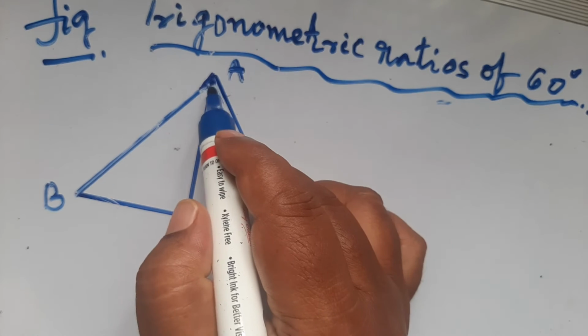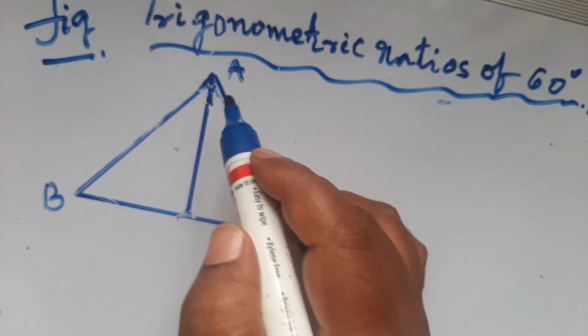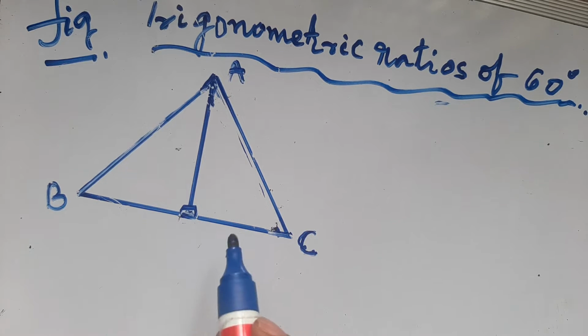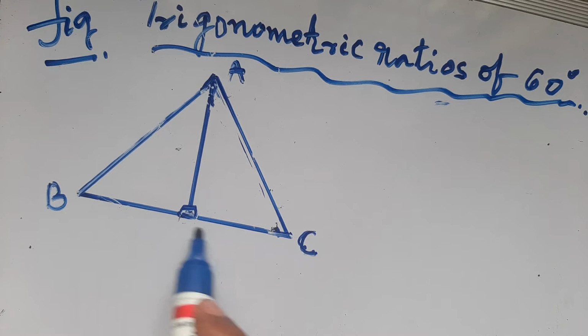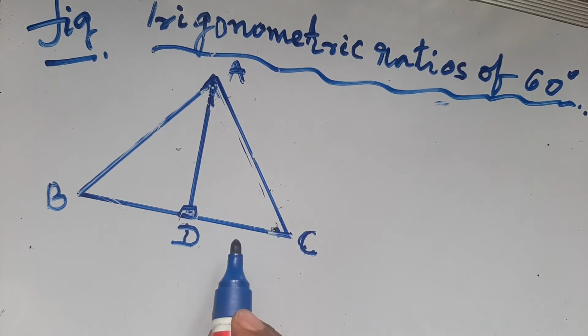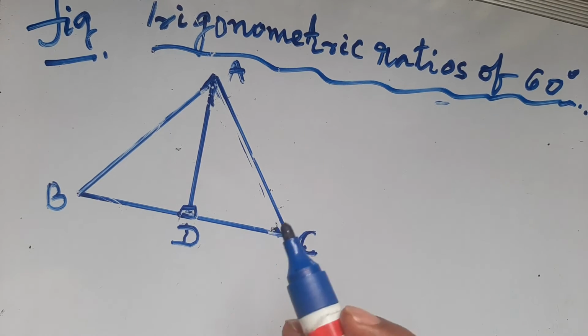And then from the vertex A, we have to draw the line which is perpendicular to BC, which divides it into two equal parts, and let this point be D. AD is the perpendicular line. So three things we have to see in this. All the sides are equal.